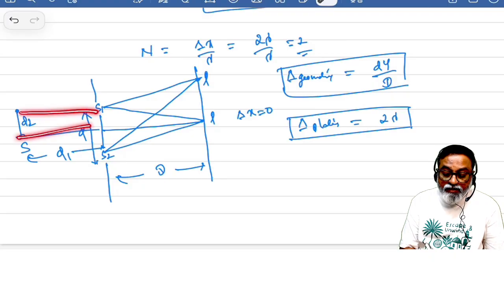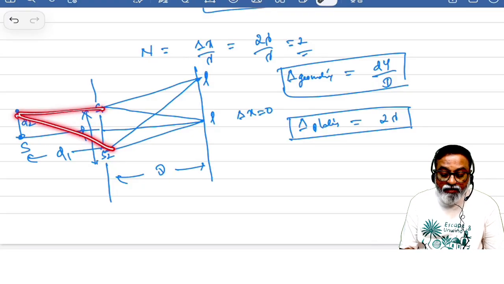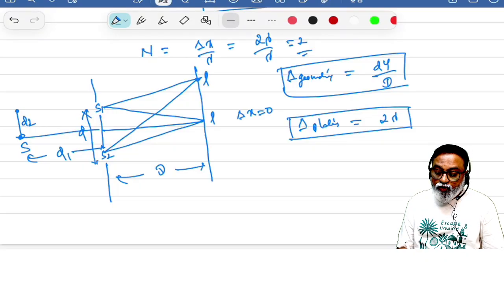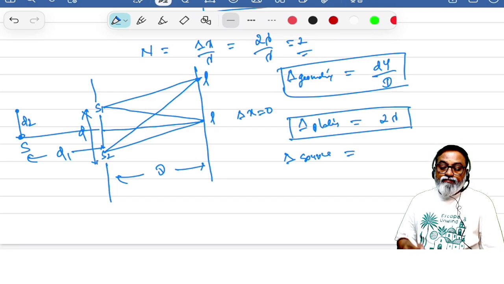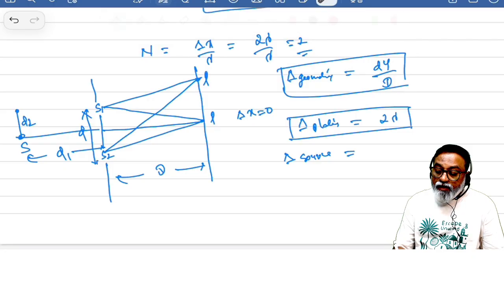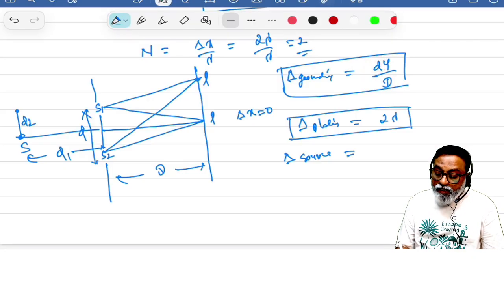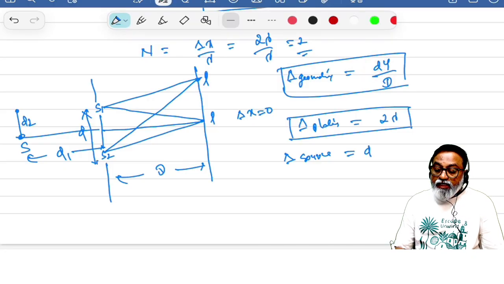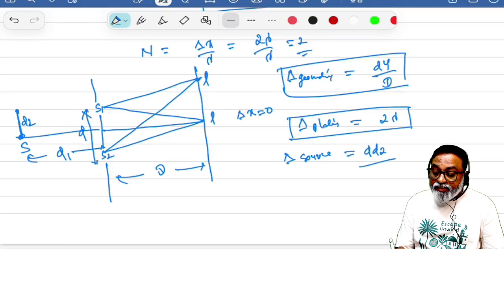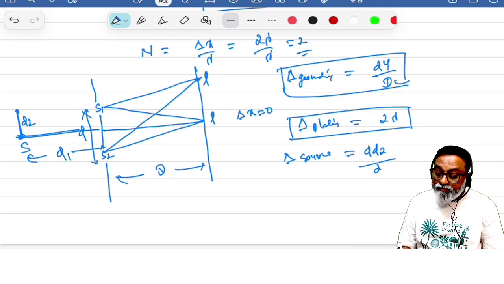That is the path difference due to the source, which is d into d2 by d1.